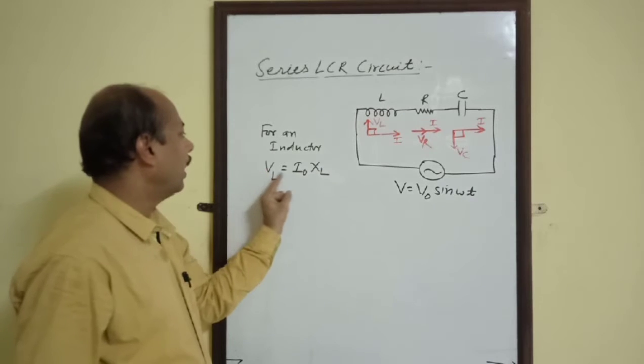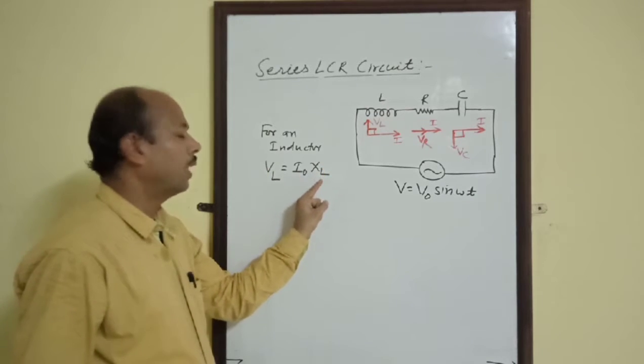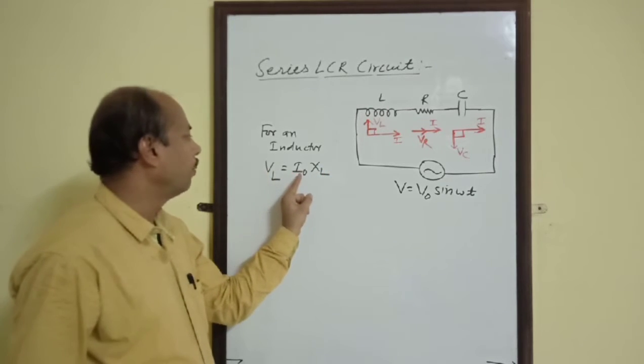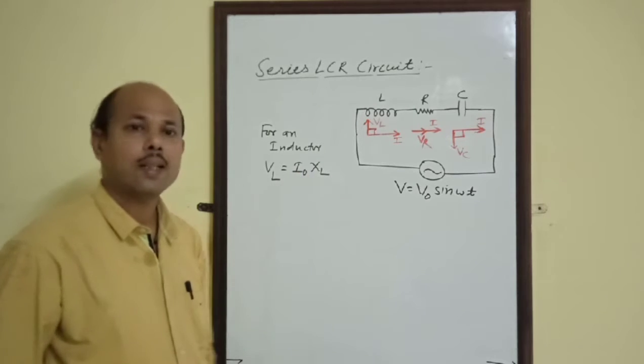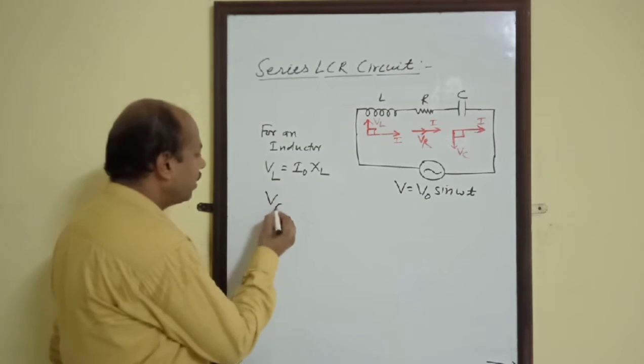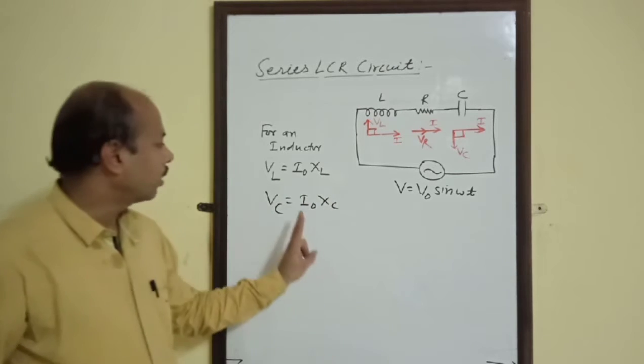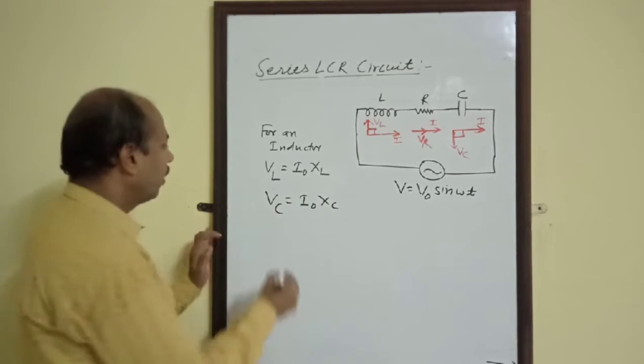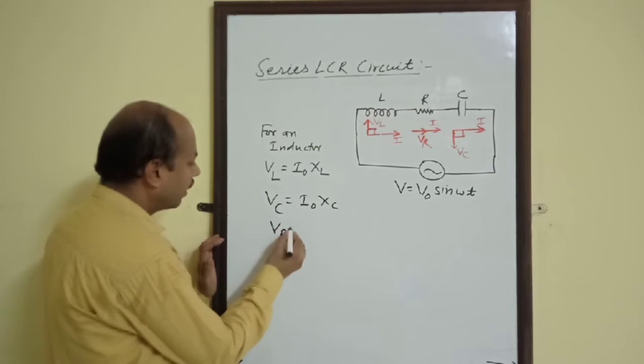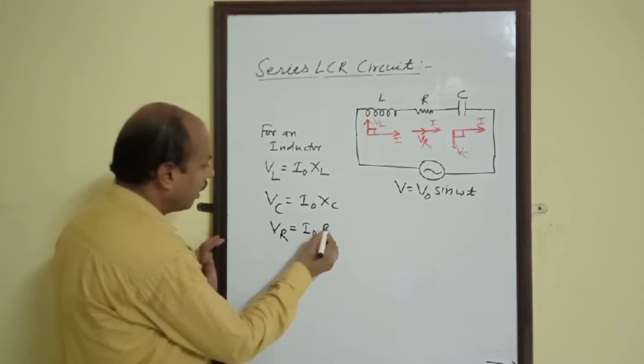Similarly, VC equals I naught XC, and VR equals I naught R.